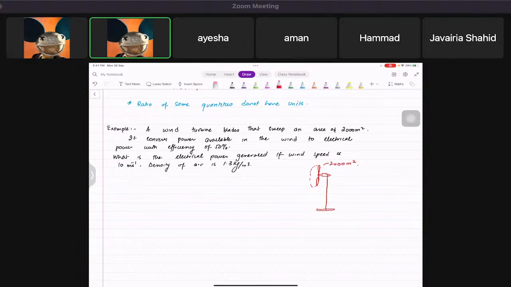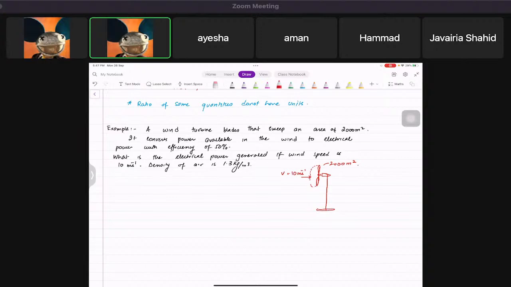It's big blades, right? The wind is passing through these blades at 10 meters per second, and it only converts like 50% of the energy that the wind has, and its density as well. Okay.